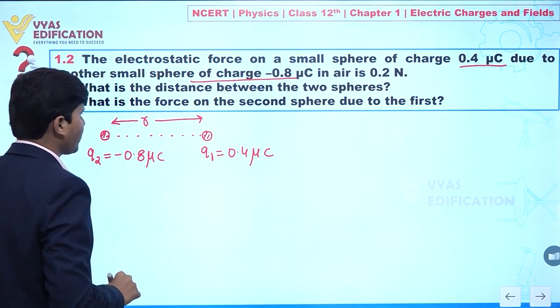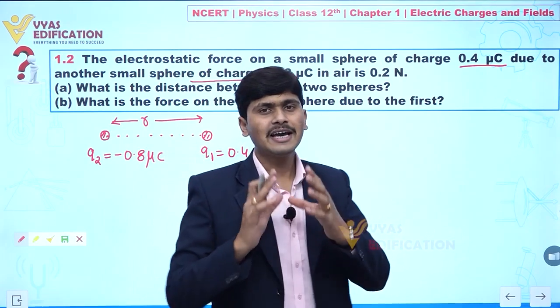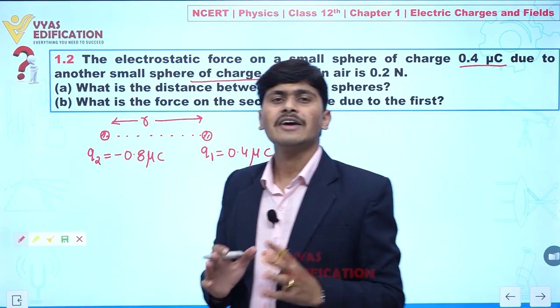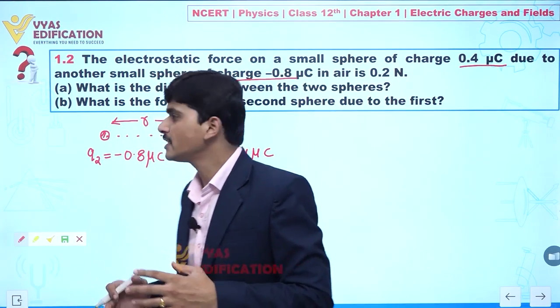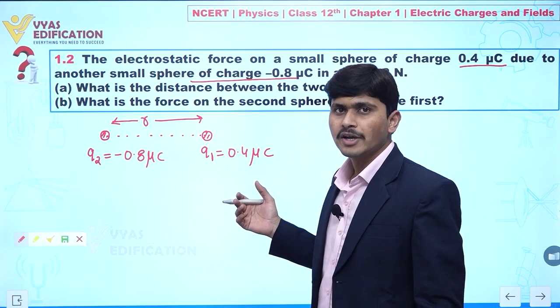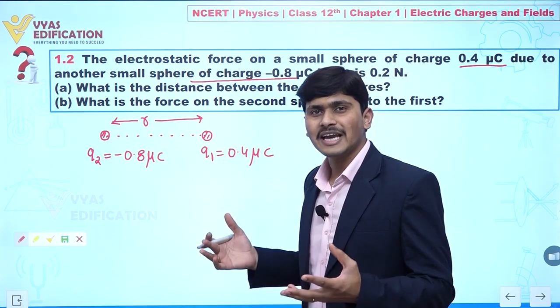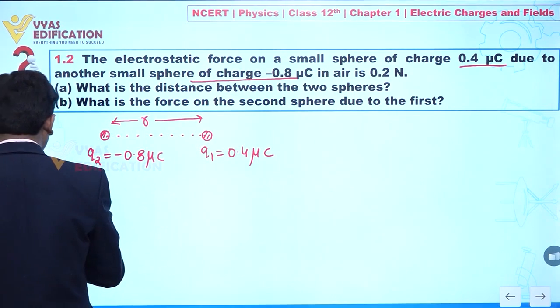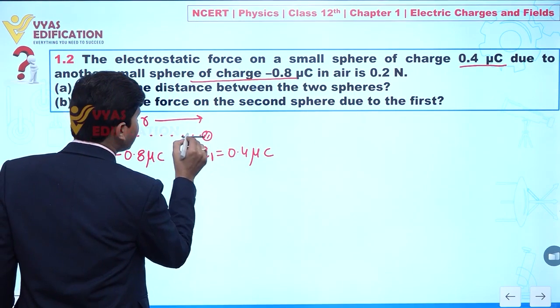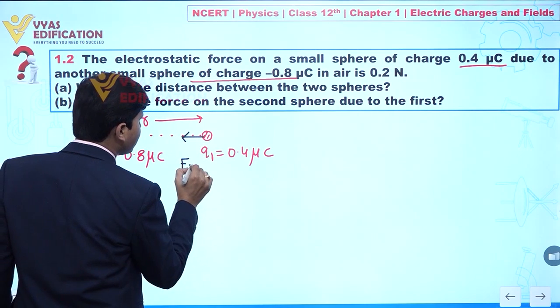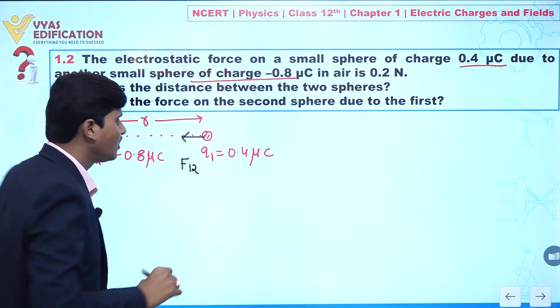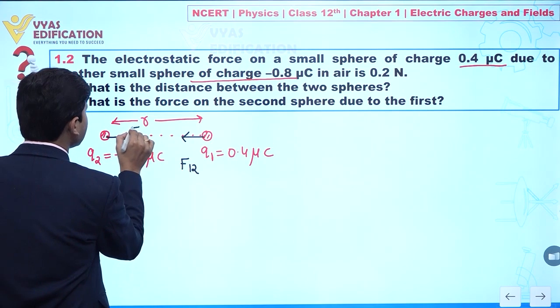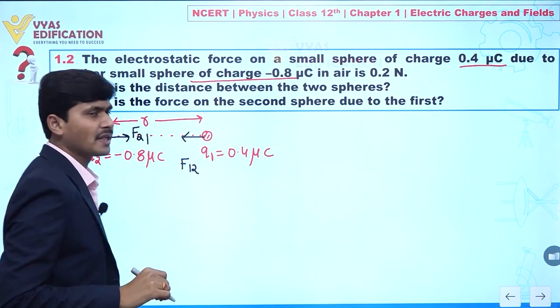Now you can see we have two charges with opposite nature. One charge is positive, another is negative. It means an attractive force will act between these two charges. Yes or no? So we can write that one force is acting on 1 by 2, F12. We can also write the force acting on 2 by 1, F21.